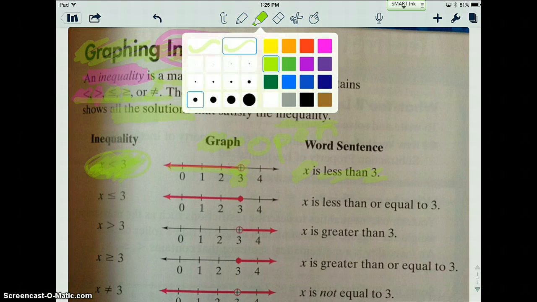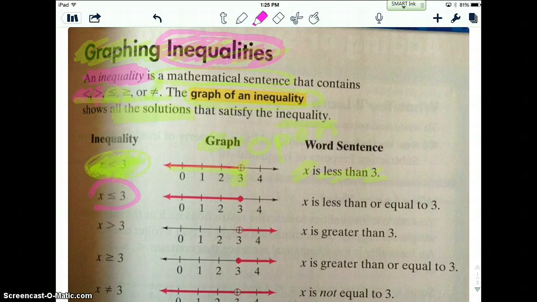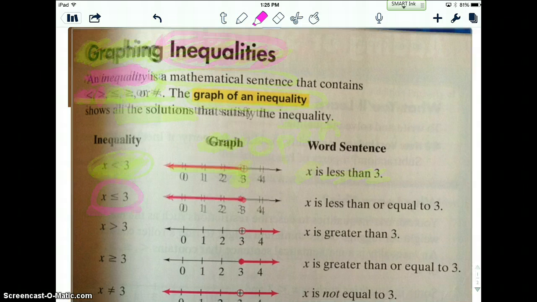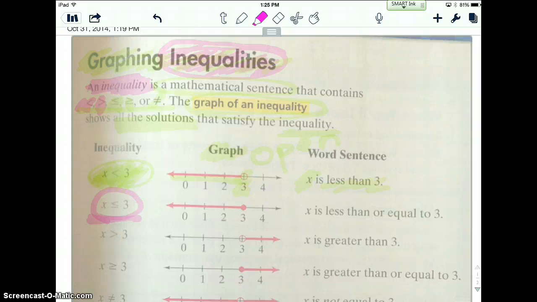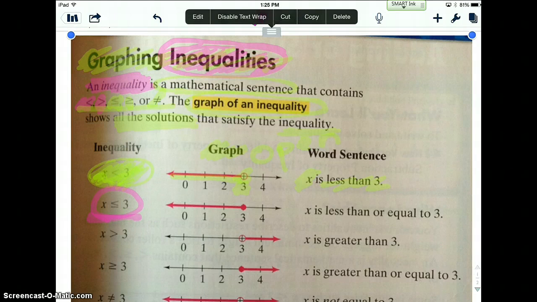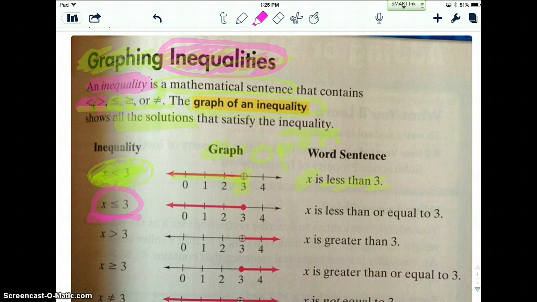Okay, let's look at the second one they gave us. So you see what the inequality is, but can you read that? Over here is how you would read it. X is less than or equal to 3, as we said right here. In this case, it's not just less than, it's less than or equal to, because it has the line under it.